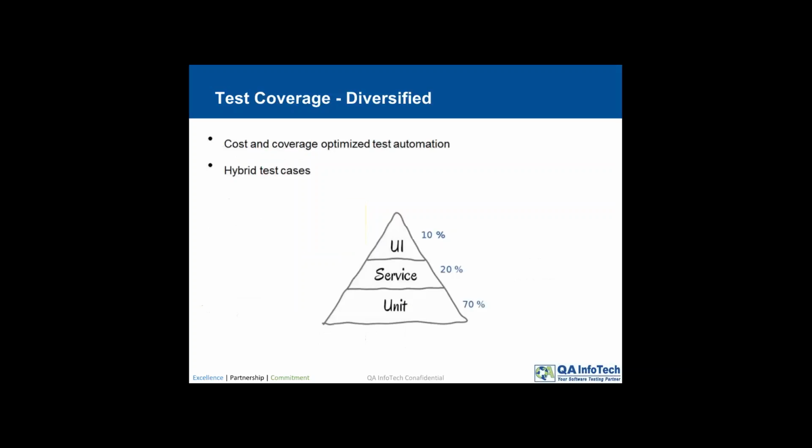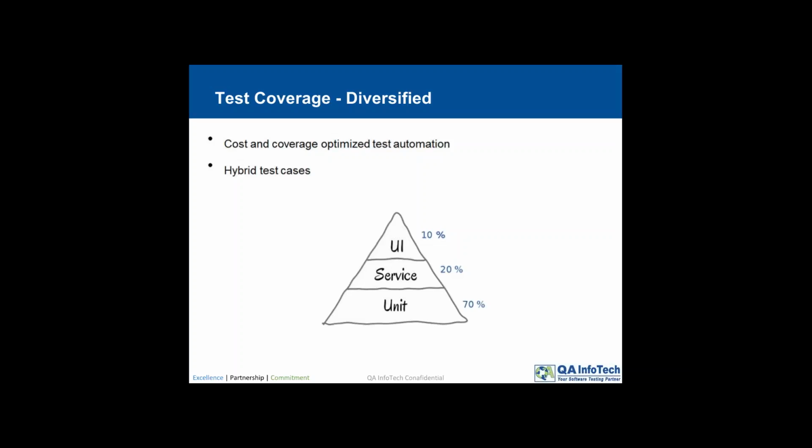A very good approach to speed up the test automation process is to diversify the test coverage. We can optimize the cost and coverage associated with the automation efforts by writing and automating hybrid test cases.